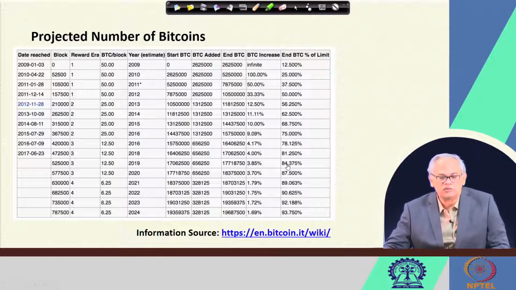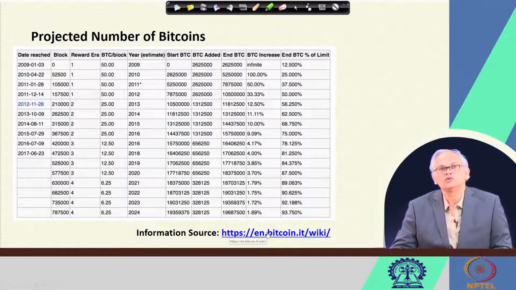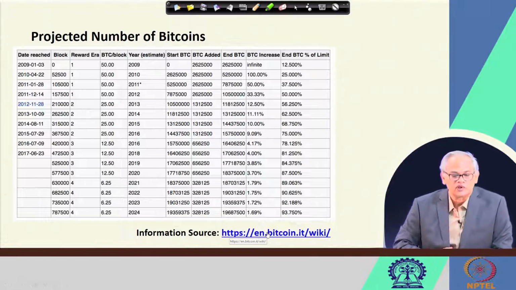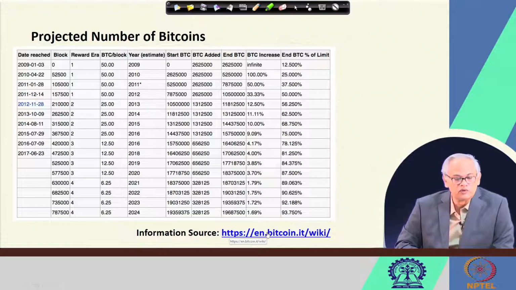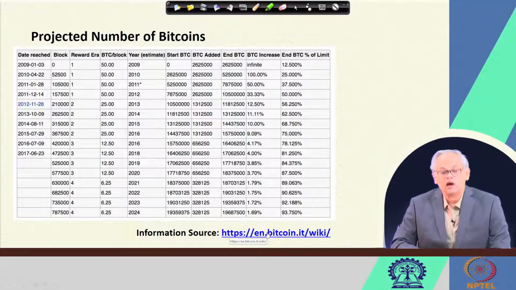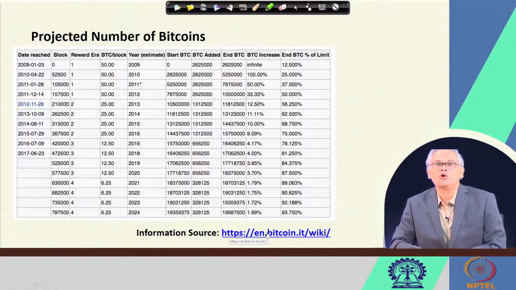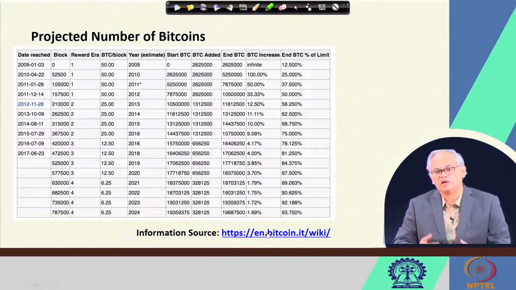And if you see this particular diagram, you can also go to this internet source. Initially it was 50 bitcoins per block, and then it was reduced to 25 after about 4 years, and then 12.5 and so on, and now it is 6.25. After some time, in 2024, this will be reduced to 3.125, and then further reductions and so on.